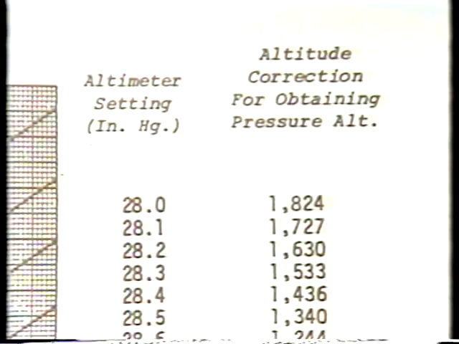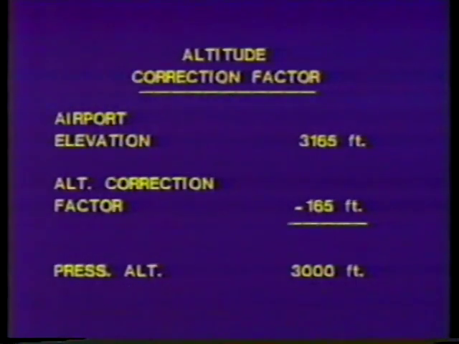Under the column of figures titled Altimeter Setting, find the barometric pressure of 30.10. Directly next to it, you will find the altitude correction minus 165. From the airport elevation of 3,165 feet, subtract the altitude correction factor of 165 to get the pressure altitude of 3,000 feet.